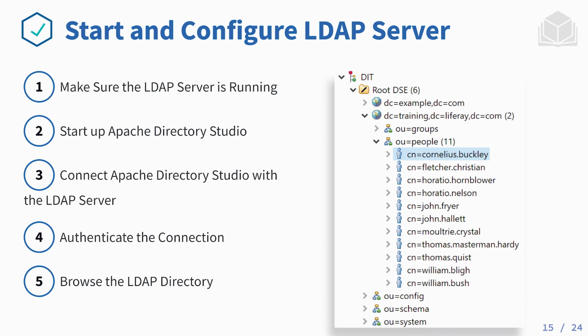Then optionally, you can start up Apache Directory Studio and connect to the LDAP server, make sure you can connect, and inspect all of the user data and user accounts in there. Then you authenticate the connection and browse the LDAP directory. This is where you see all the users that we have in there. And if I remember correctly, the password is password, but your exercises will tell you what the password actually is.